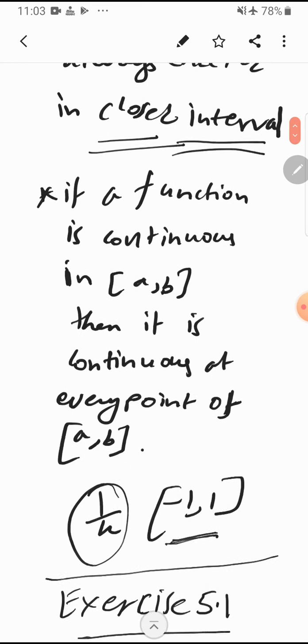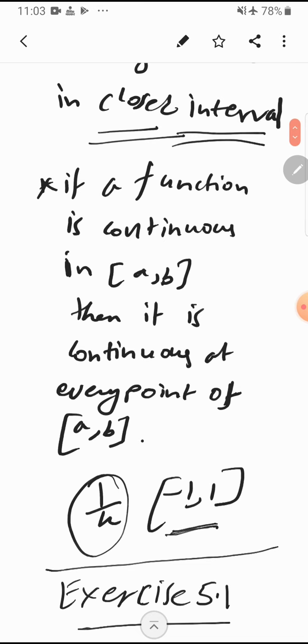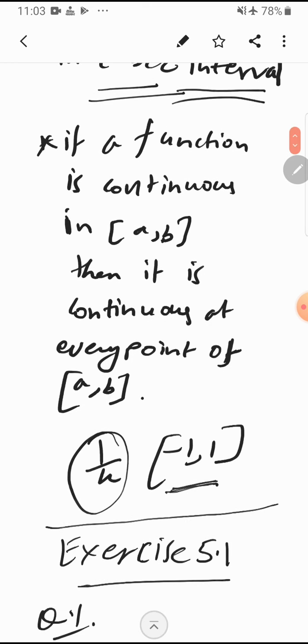So what I am going to do is, I will see whether there is any point which makes the function not defined. For example, the function 1 by x in the closed interval minus 1 to 1. If I am asked to check the continuity of this function in this interval, clearly 0 is the point which makes 1 by x not defined.